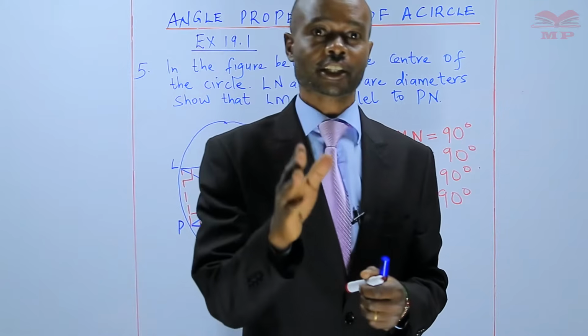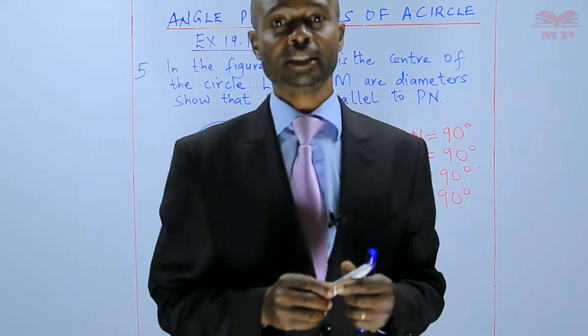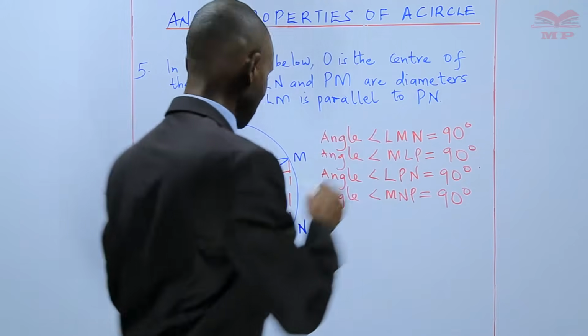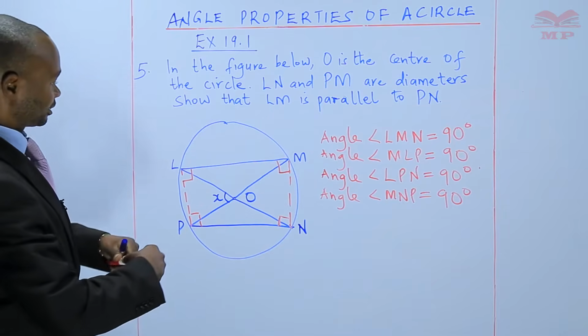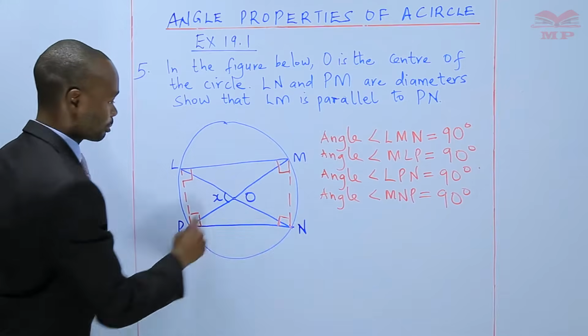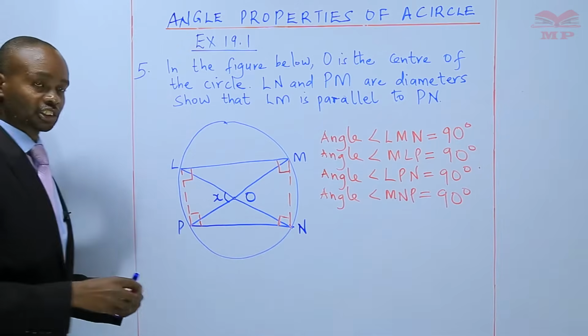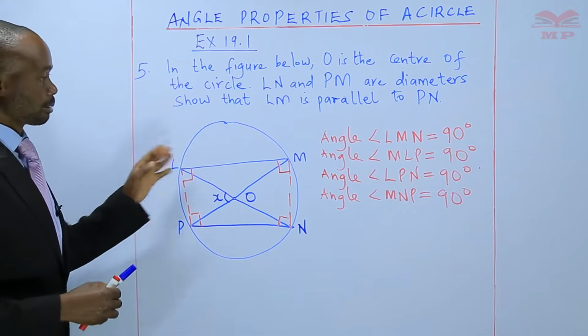It has to strike that other line at 90 degrees. So we'll go back to the diagram and see, does that happen? We have lines LM and PN, which are the lines in question, which we have to prove are parallel.